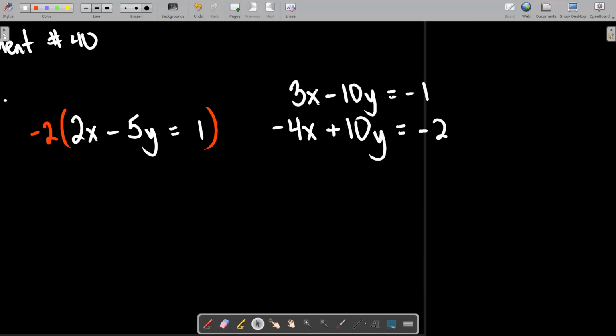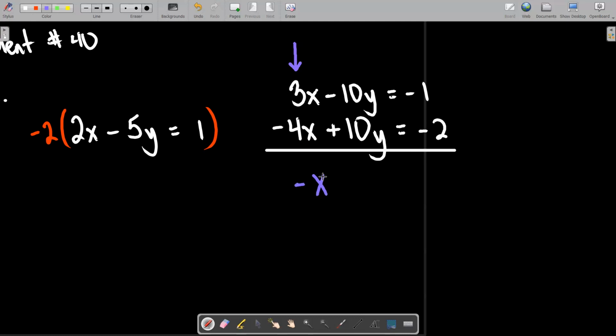So this is the point in the problem where I draw my line. If you remember, the line just signifies an announcement that I'm about to add some stuff together. So when we add straight down this way, how many x's do we get? We get -1x.